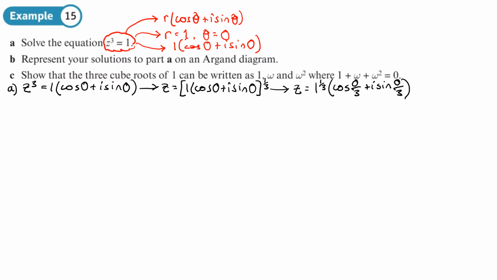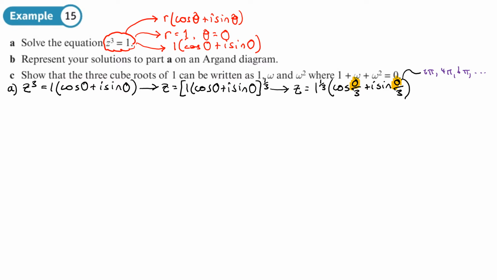Okay, so it's all about solving that. Now this argument that we've got here of 0, remember that can be any value which is 2 pi more than that. So the argument could be 2 pi, 4 pi, 6 pi.